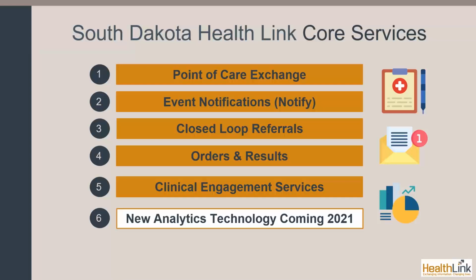This summer, we'll have a new product coming out. This is our population health analytics tool. This takes clinical information that's separated by patient in the point of care exchange, and it aggregates it so that you can run quick analytics on that information.